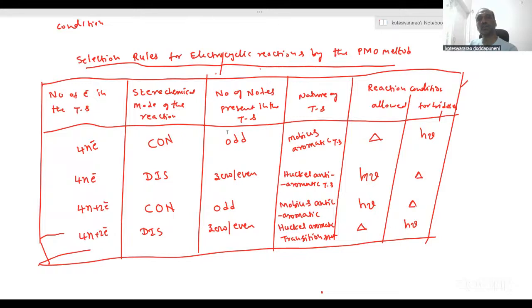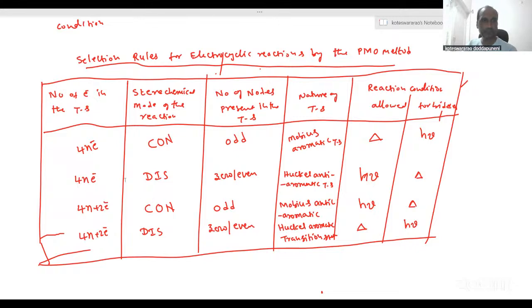It has an odd number of nodes in the transition state. With 4n electrons, it becomes a Mobius aromatic transition state. Once it is an aromatic transition state, the transition state breaks up or cyclizes to form the desired product under thermal conditions. Therefore, the reaction is allowed under thermal conditions and forbidden under photochemical conditions.